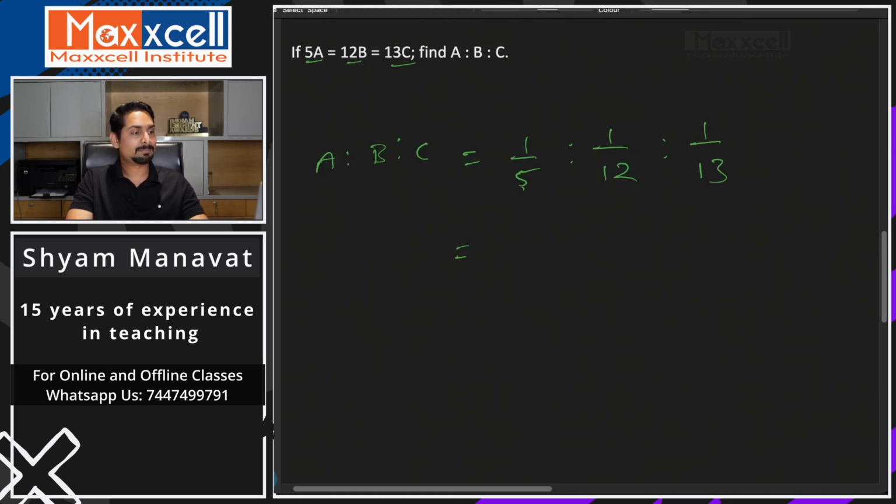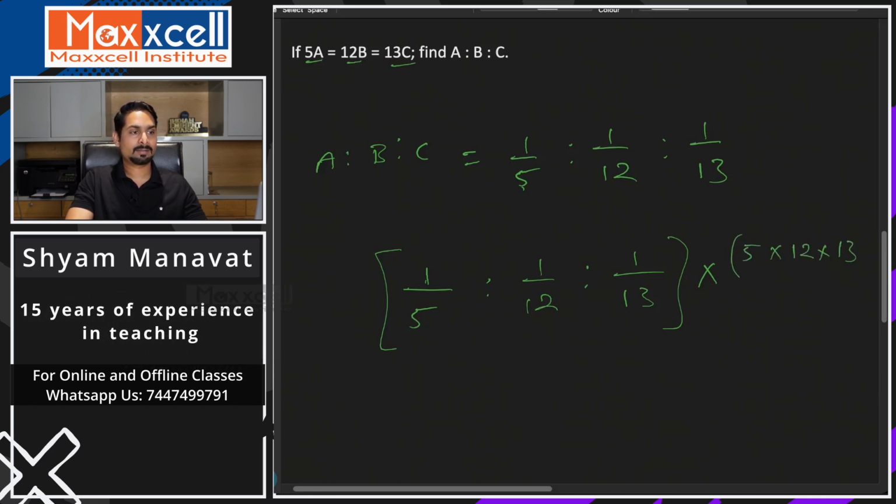Let me simply say that, all right, if I want to simplify this further, I will multiply this entire expression by the LCM. Yes, what will be the LCM in this case? 5 into 12 into 13.